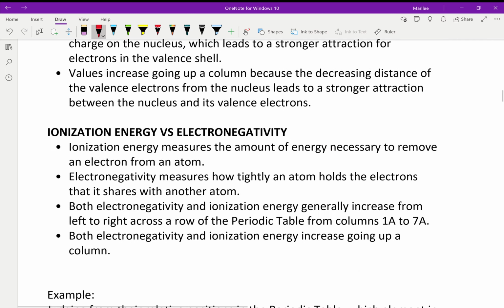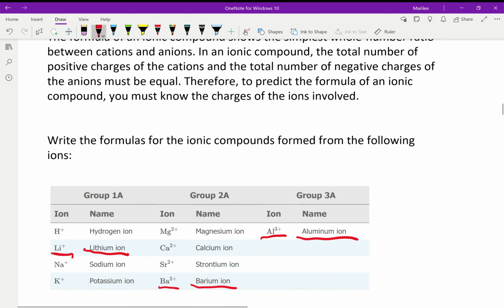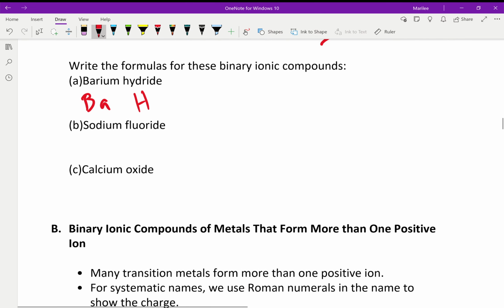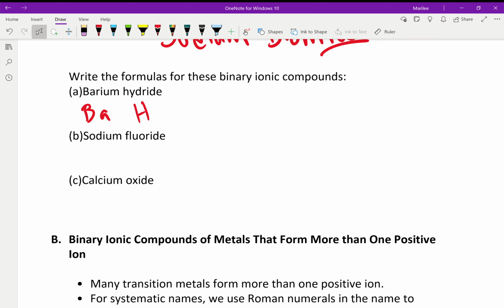Let me do the following example because that's going to confuse you. Barium is BaH2, but if I go into details, you guys are going to get totally confused. So let me just leave it like that.